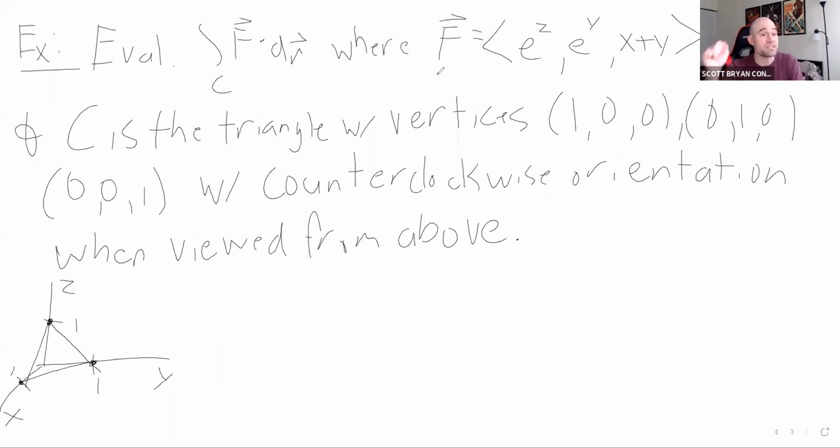So we're going to (0, 1, 0), right? We're looking down on it, going around counterclockwise. That means we're going in this direction. So that's the orientation of our curve C.